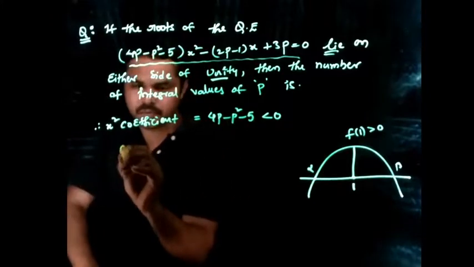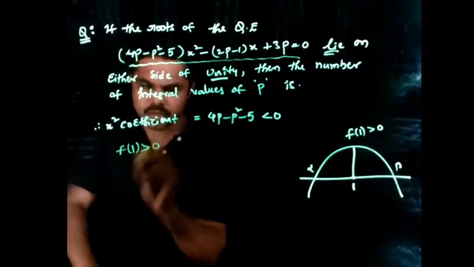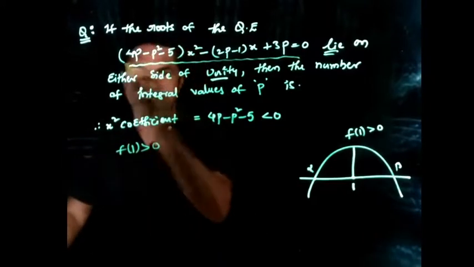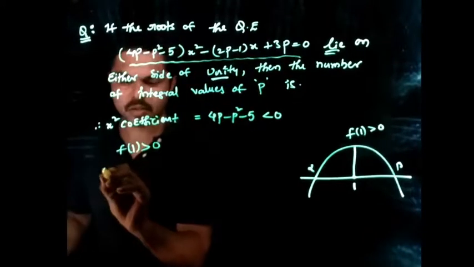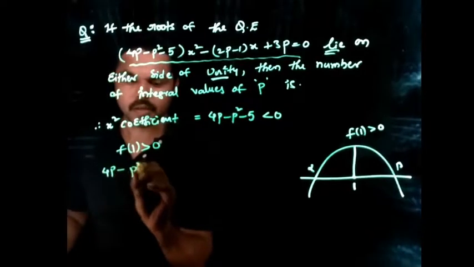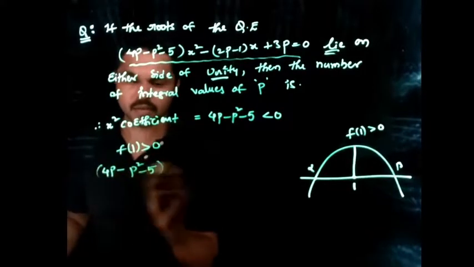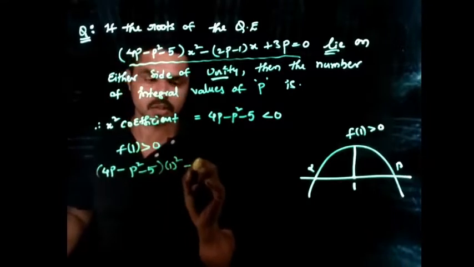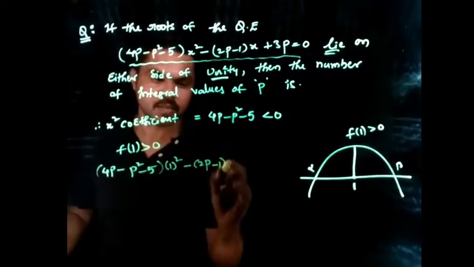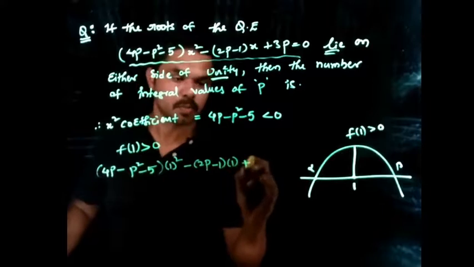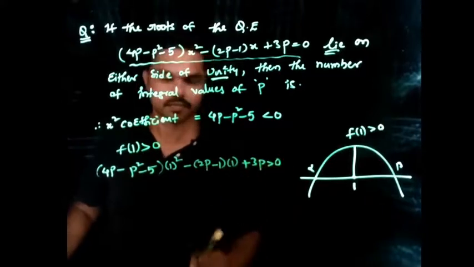Right. So we have f of 1 is positive. Now apply that. This is f of x. So we get 4p minus p square minus 5 into 1 square minus 2p minus 1 into 1 plus 3p is greater than 0.